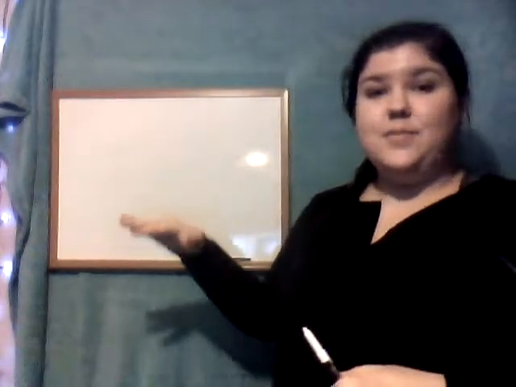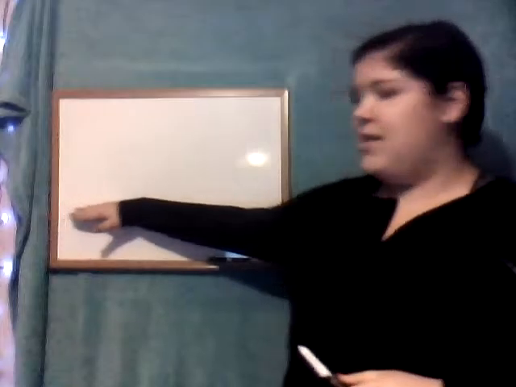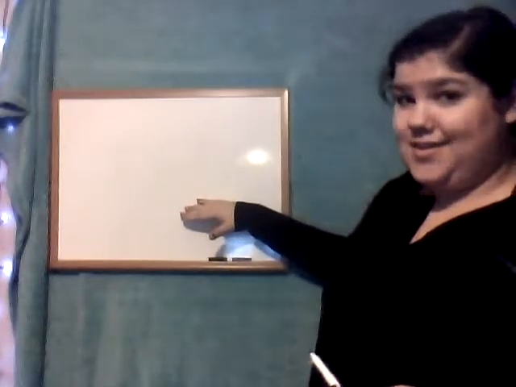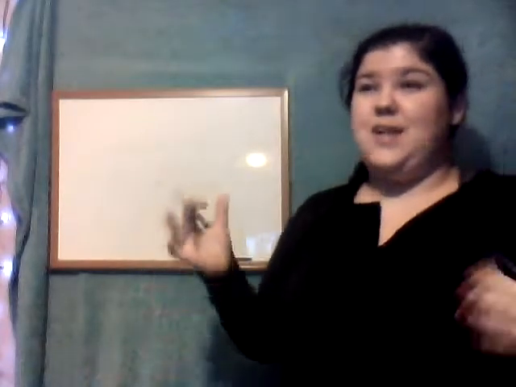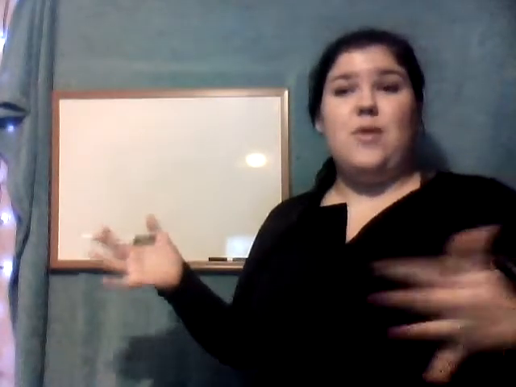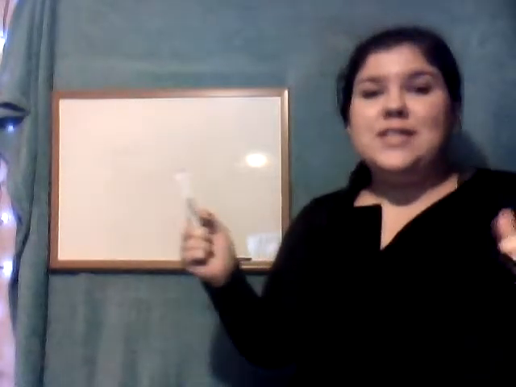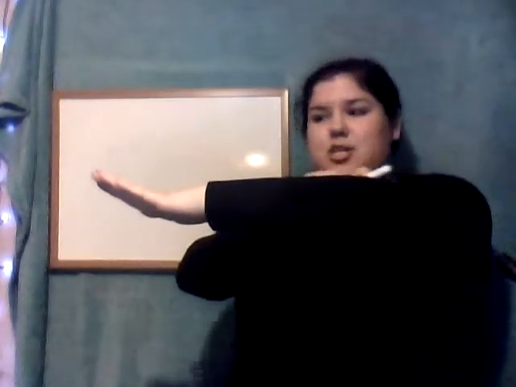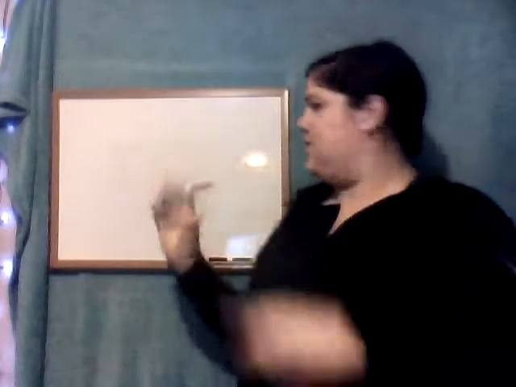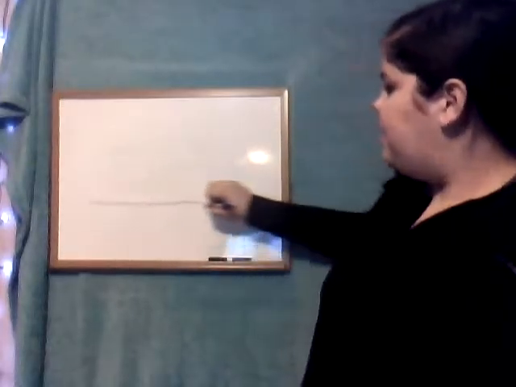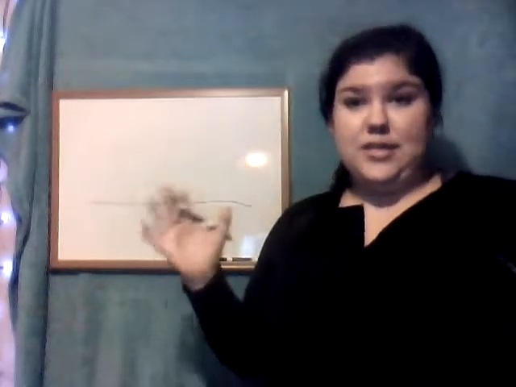So a lot of times we write our equations horizontally. Now, horizontally is a pretty big word. Does anyone know what it means? That's close. Horizontally is like this, a straight line across. Okay? It's called horizontally, and it's like a horizon or a sunset.